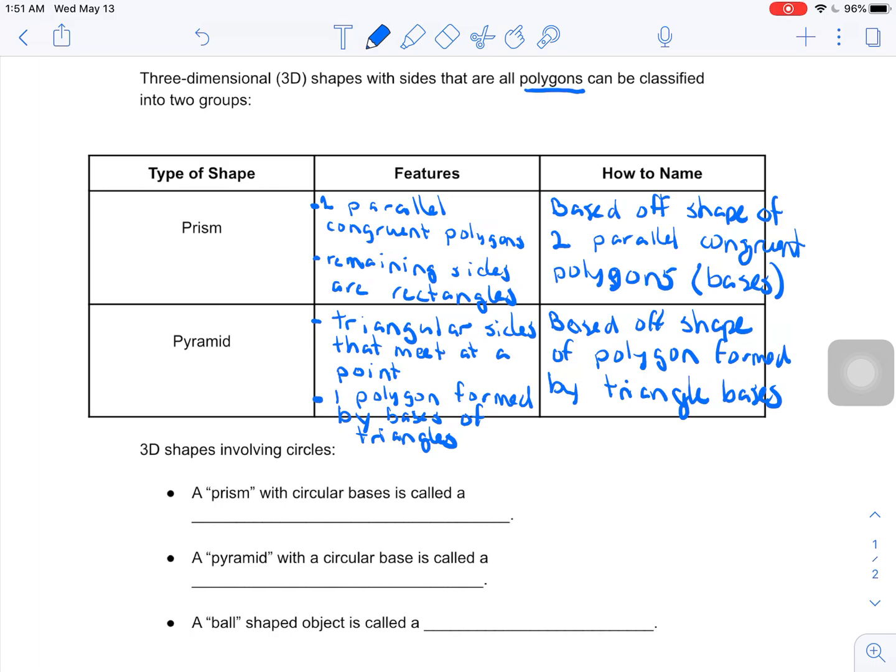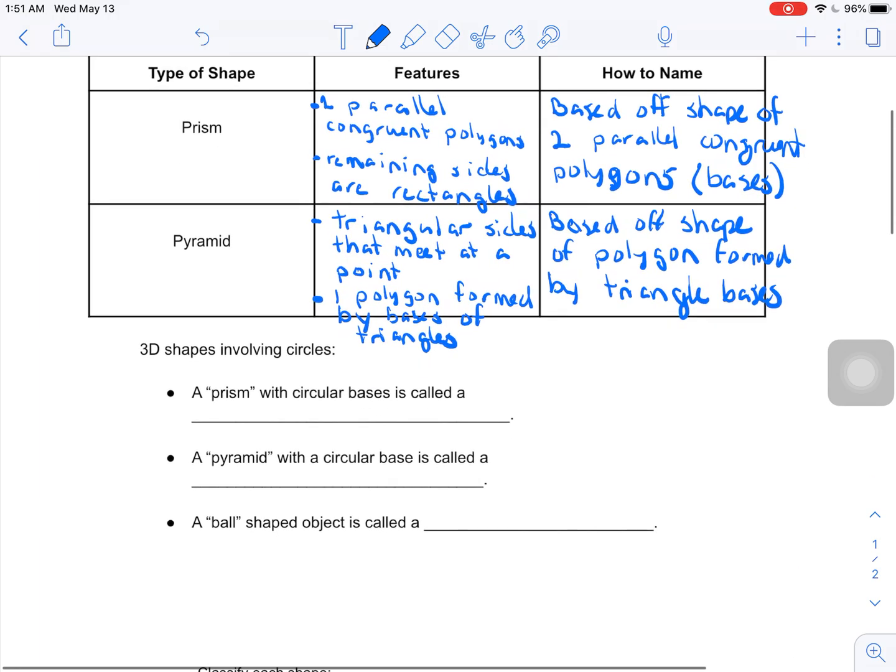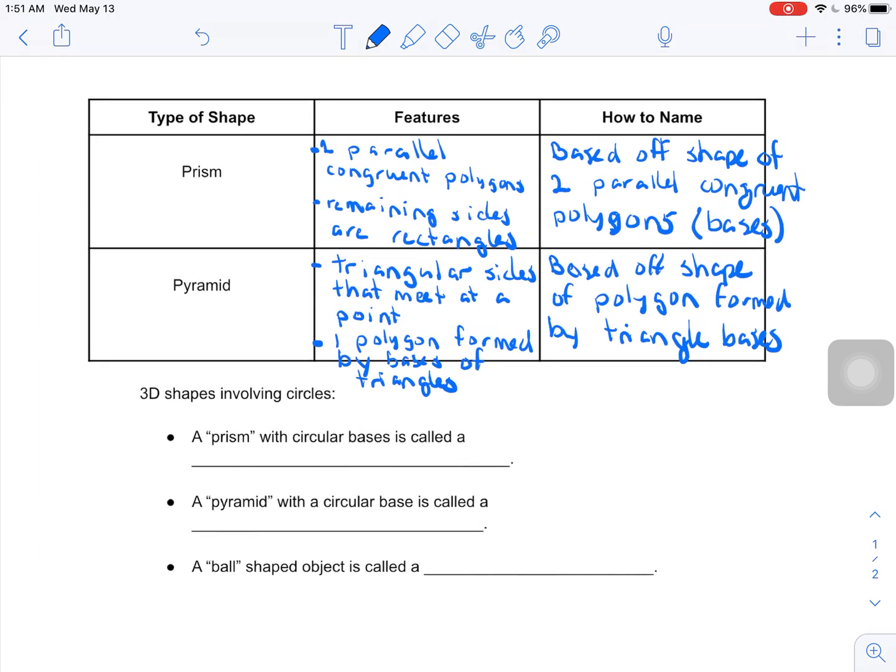And again, we're going to actually look at some shapes so you can kind of put the picture with the words to help you make sense of what we're writing down in just a minute. So prisms and pyramids, all of the sides of those shapes are all polygons. So a prism or a pyramid does not have any circular sides because circles are not polygons. There are some three-dimensional shapes that use circles though, and those get their own names.